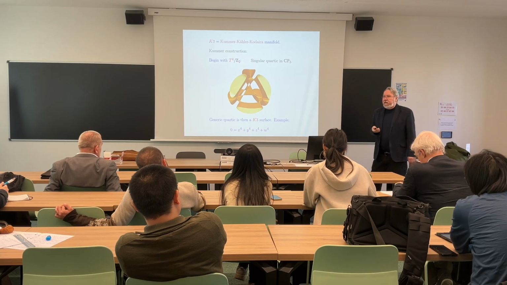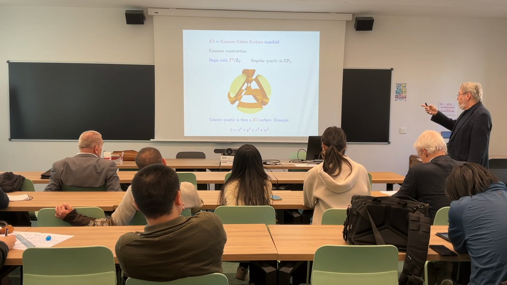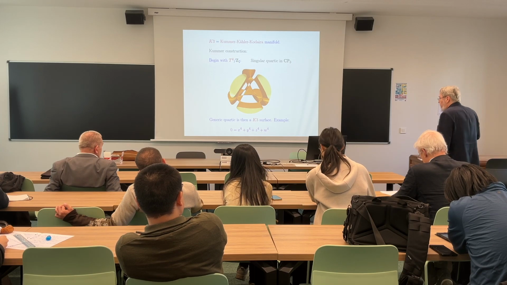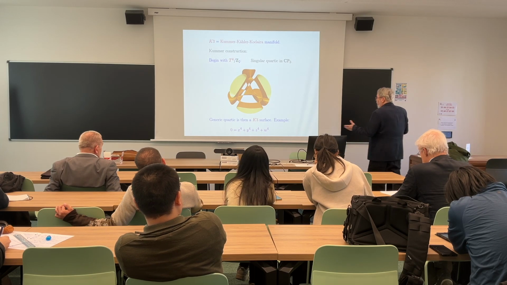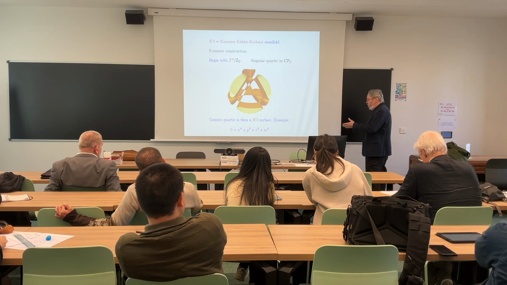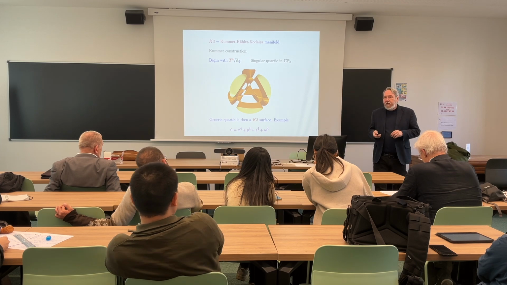What do I mean by a generic quartic? It would be, for example, the so-called Fermat quartic: take the sum of the fourth powers of the homogeneous coordinates and ask that their sum is 0. Then that is a smooth quartic, and we'll exercise that this doesn't have any singular points.